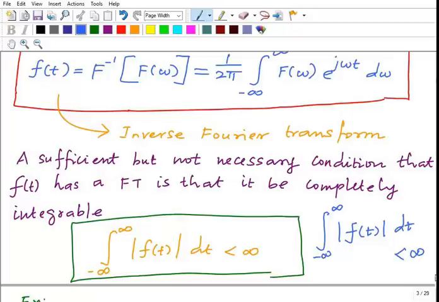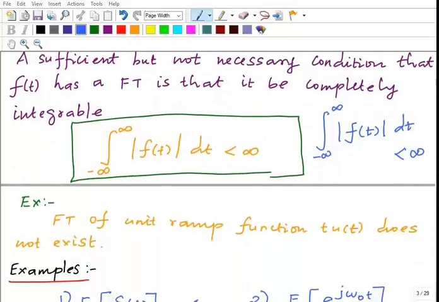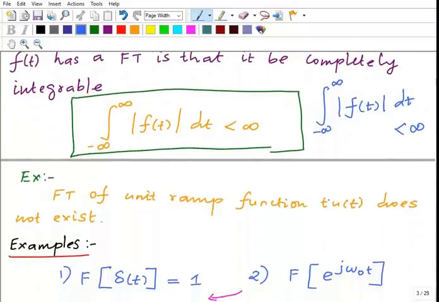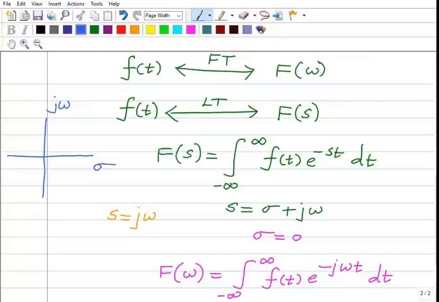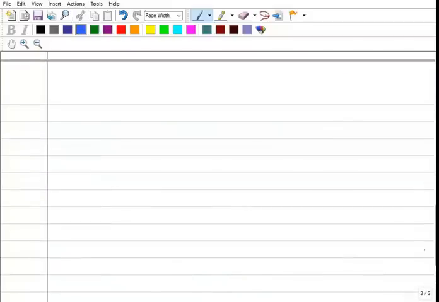I can give you an example. Signals and systems students, what is t into u of t? Ramp signal. Let me take f of t as t into u of t. What is the Fourier transform equation?